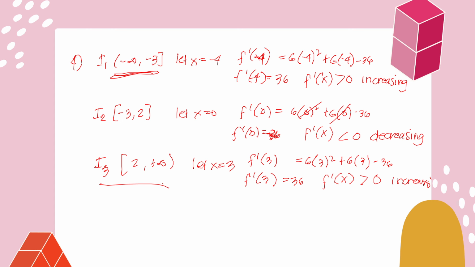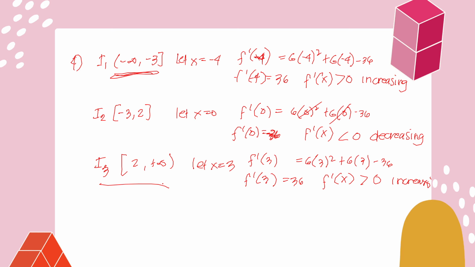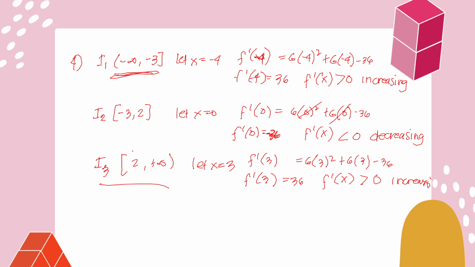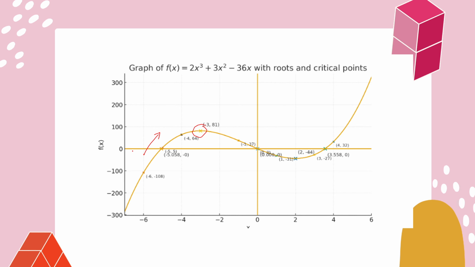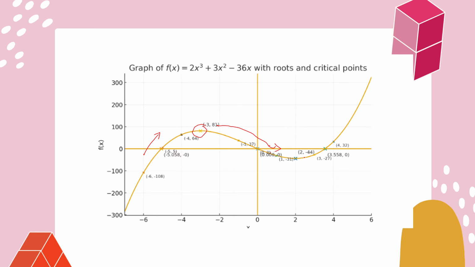Now if we look at the graph, in the interval negative infinity to negative 3, the graph is increasing. But in negative 3 to 2, the graph is decreasing. And in positive 2 to positive infinity, the graph is increasing.